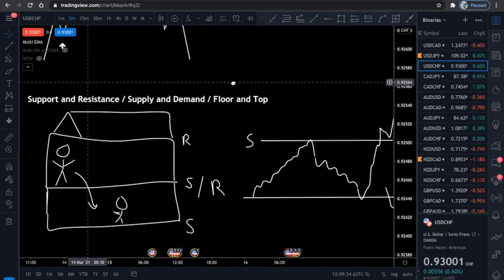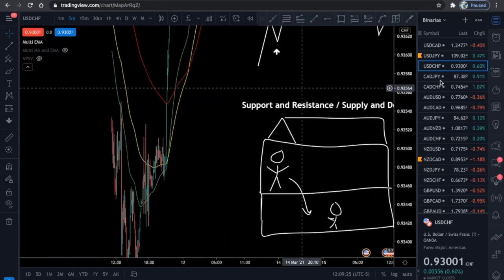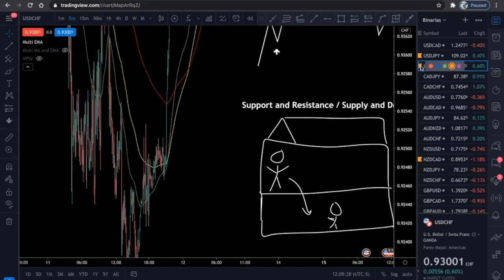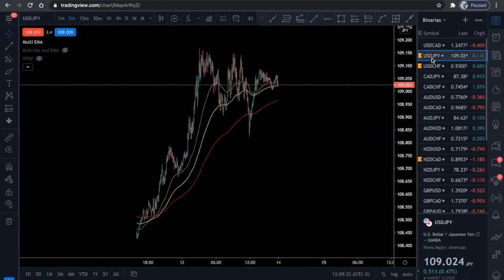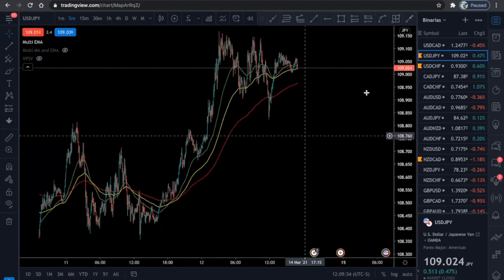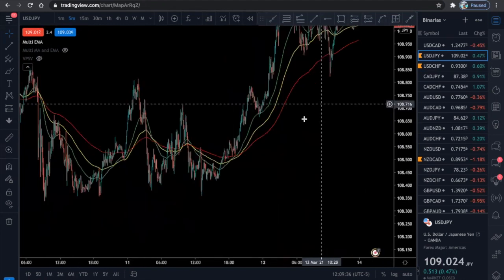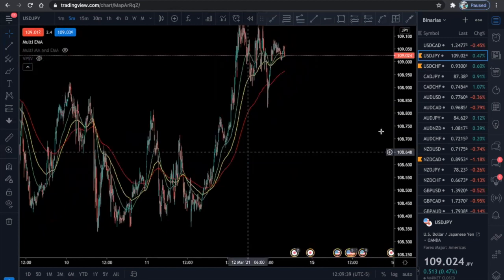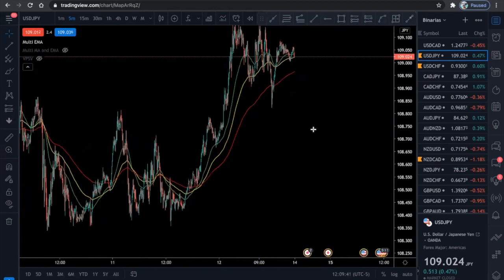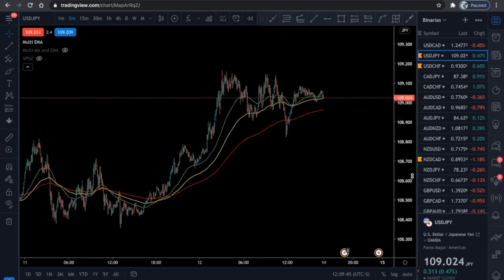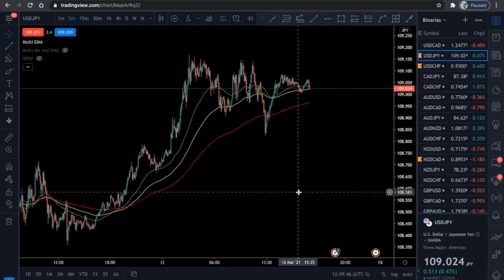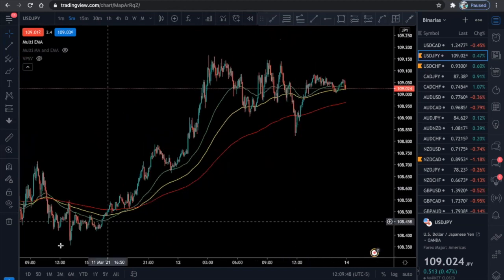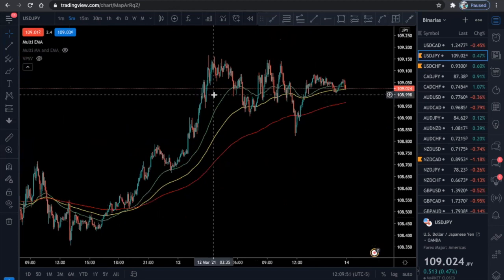Okay, so let's go now and find another pair since I've been drawing around here. Let's see, for example, USD JPY. So for example, here I can see that price has been in a strong uptrend. Eduardo, how do I know that price is in an uptrend?